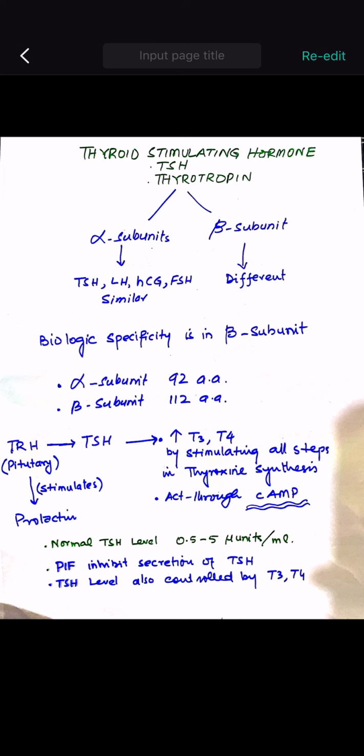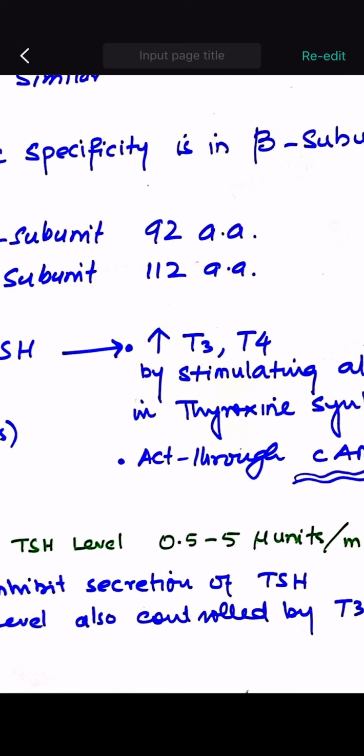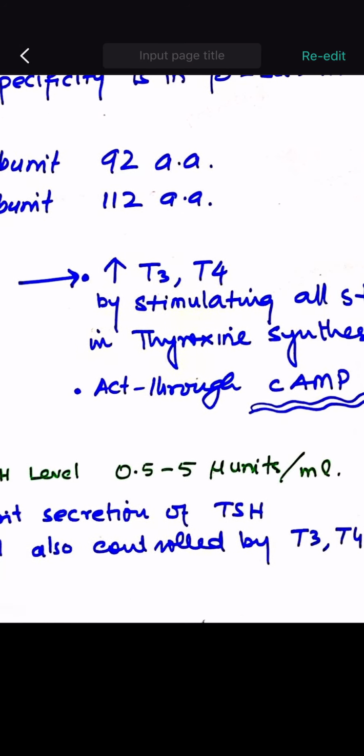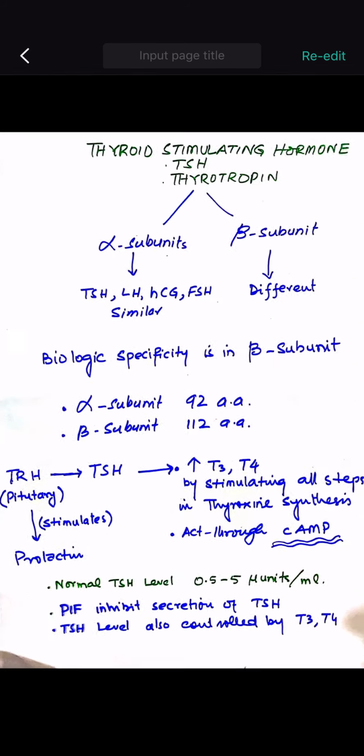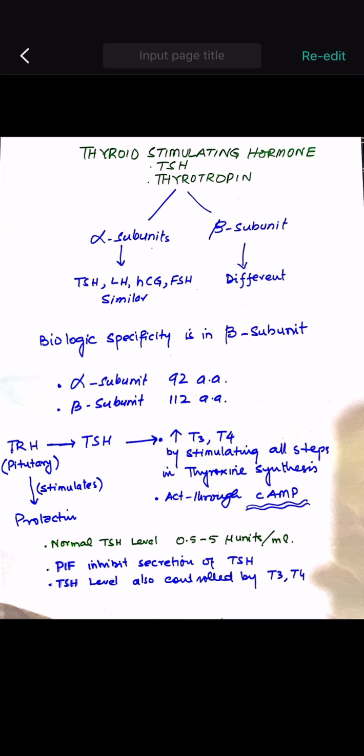This acts through cyclic AMP. The normal TSH levels are 0.5 to 5 microunits per ml. The prolactin inhibitory factor inhibits secretion of TSH. TSH is also controlled by the thyroid hormones themselves, that is T3 and T4.